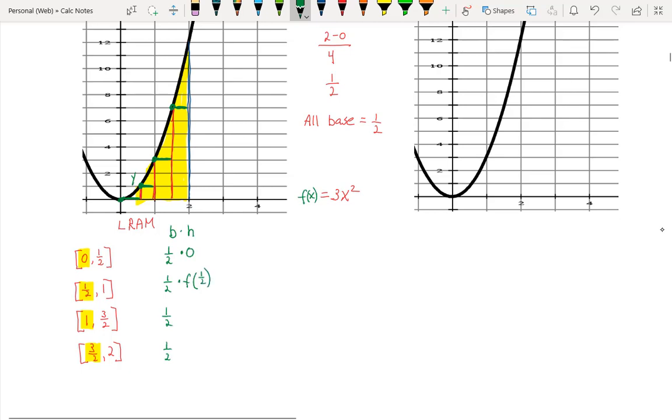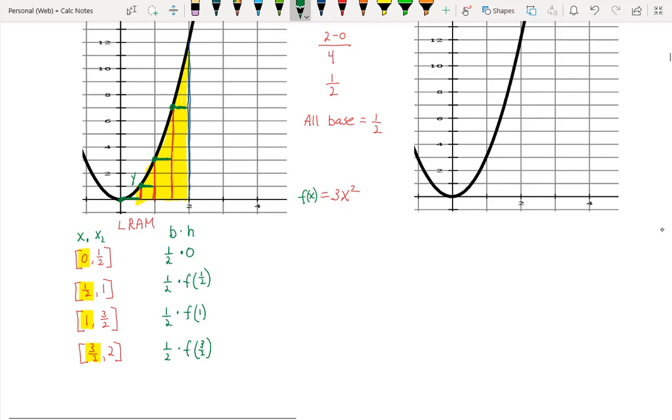That's the x value on the left side. We'll call this x1. This x2 is the value on the right side. So the next one would be 1/2 times f of the left-hand x value. That's going to be f of 1. And the last one's going to be f of 3 halves. That's the height of that rectangle.